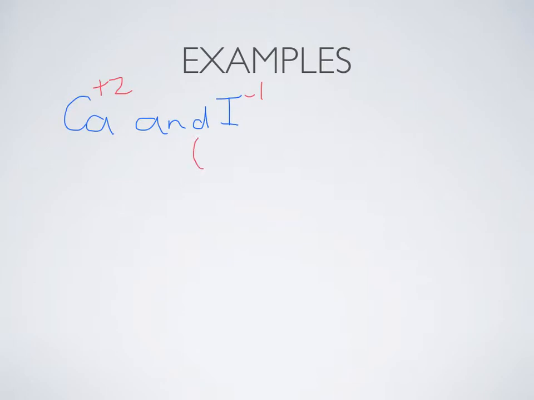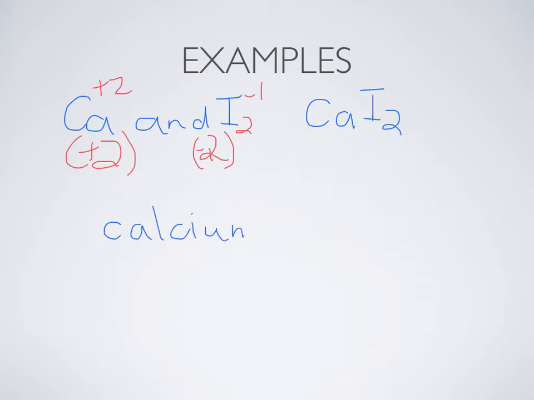So my overall charge needs to be -2 and +2, because that gets me 0. So I don't need any more calcium, but I do need 2 iodine. So my formula is CaI2. Word formula would be calcium iodide.